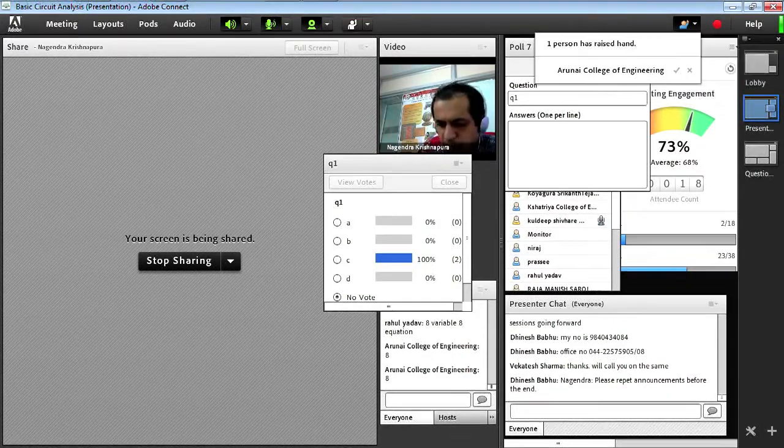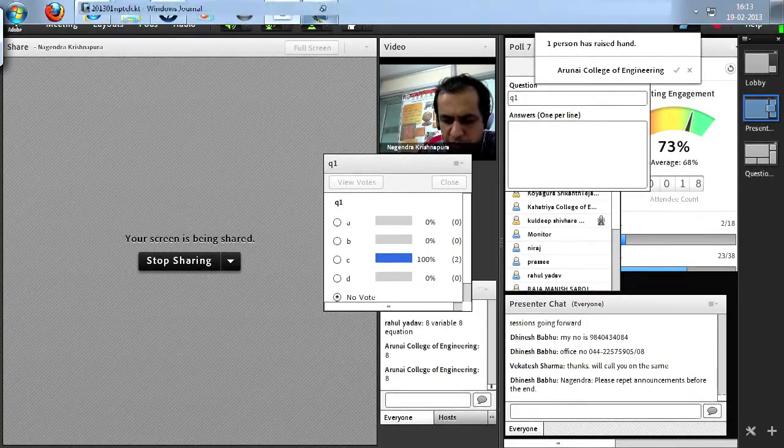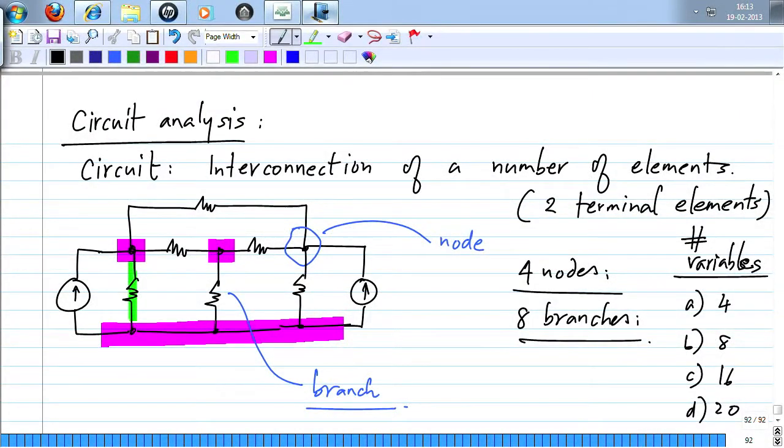I opened a poll with the choices. Please answer on that one. What is the number of variables to be solved for? 4, 8, 16 or 20?